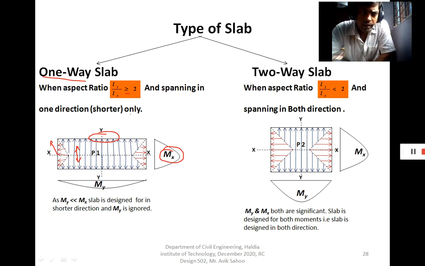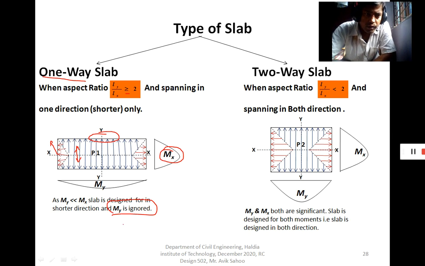If I compare Mx and My in one slab, you see that My is very much less than Mx. So the slab is designed for only one moment, meaning only the shorter direction moment, and My is ignored, because the aspect ratio is more than 2, and along the longer direction only a small load is transferred; the maximum load is transferred in the shorter direction.